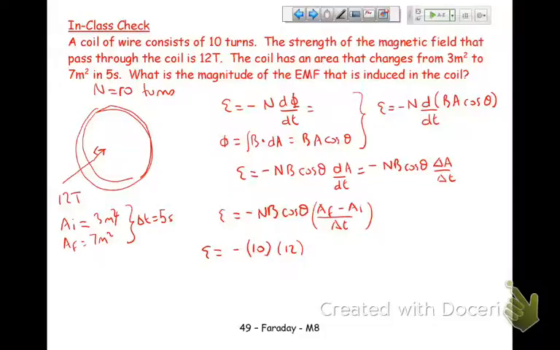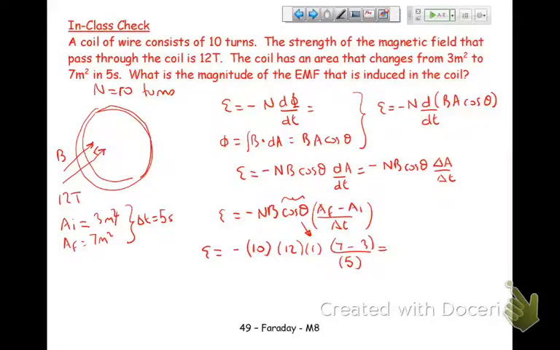My cosine again, I'm going to assume parallelism. So that's going to be 1. And then I'm going to go, my final is 7 minus my initial is 3 over my time is 5.